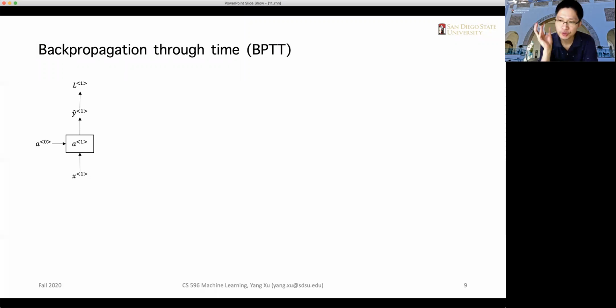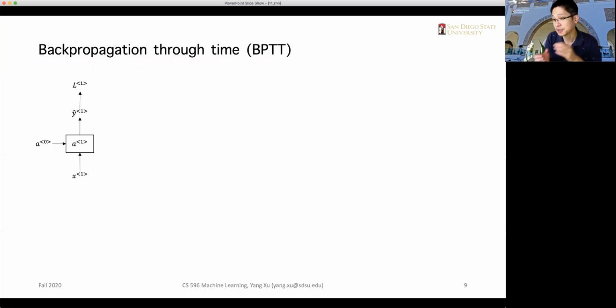So after the prediction for y hat 1, the first time step, is computed, and because this is a classification problem, we will have a prediction for each word, for each time step. Then we will compare the y hat 1 with the ground truth, say y1, right?